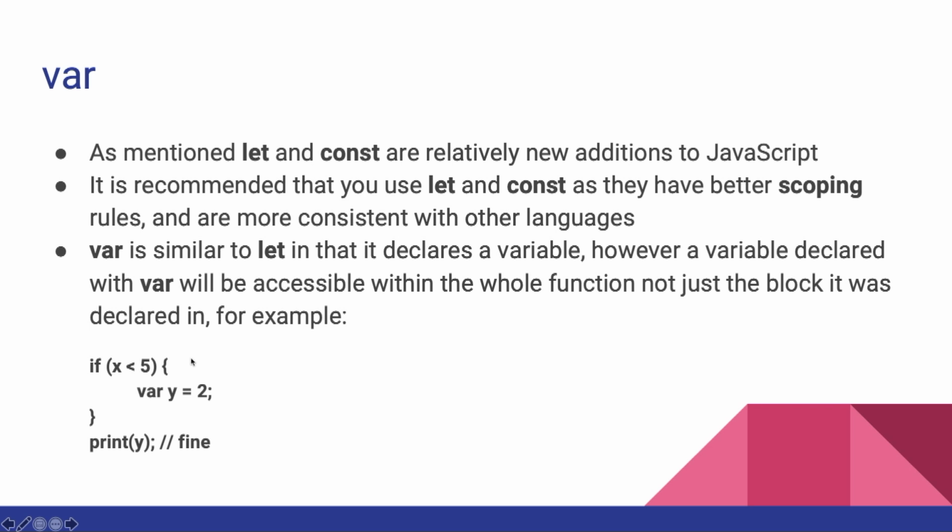Now, that was the original decision they made in JavaScript, but it's not consistent with the way it works in modern versions of C, Java, and other similar languages. So let behaves more like other languages, and so it's going to be preferable.